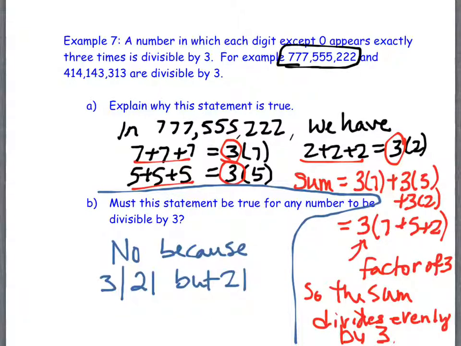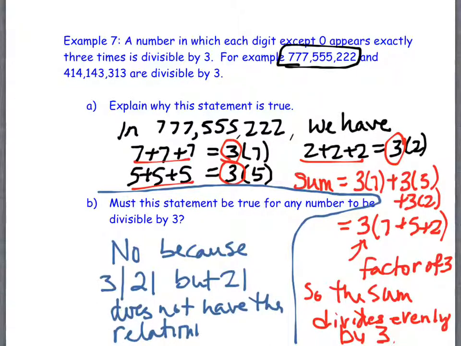But 21 does not have the relationship described above. It doesn't have a 3 digits repeating thing going on. So it would work, but it doesn't have to be true. I don't have to have these 3 digit repeats.